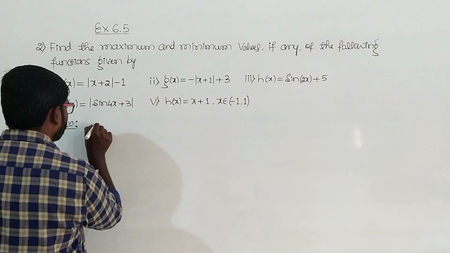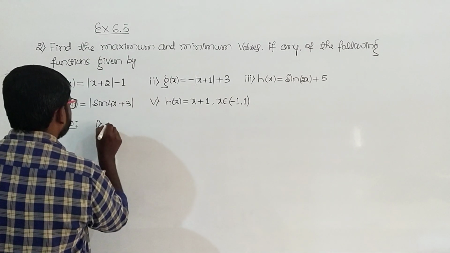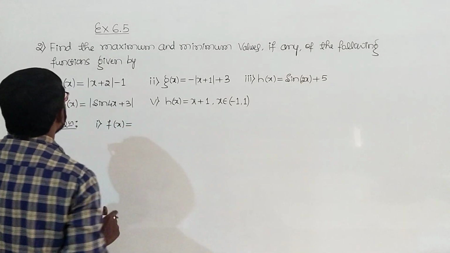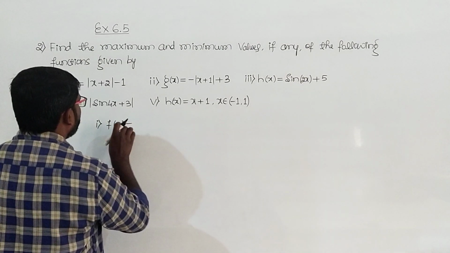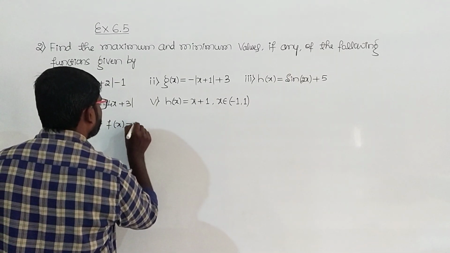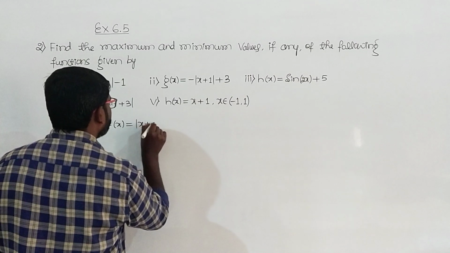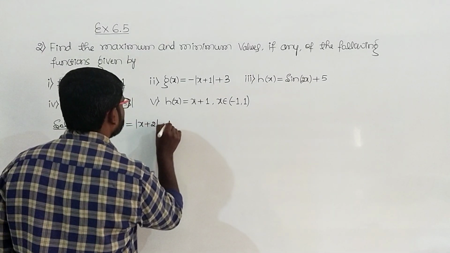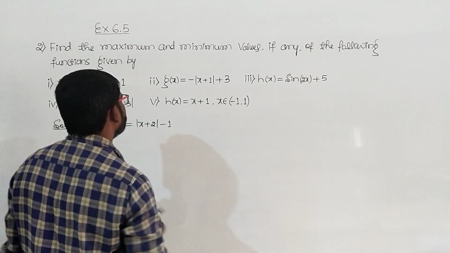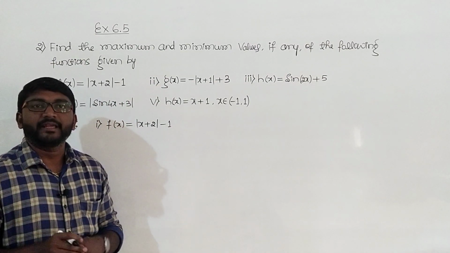So we'll go for Roman number 1. f of x equals mod x plus 2 minus 1. The modulus function is always greater than or equal to 0 for any real number.